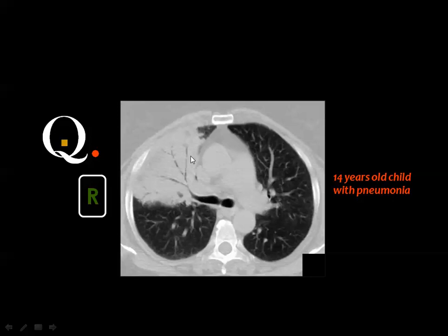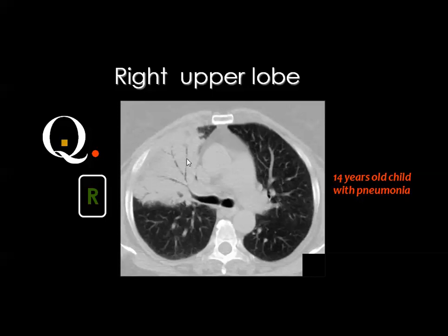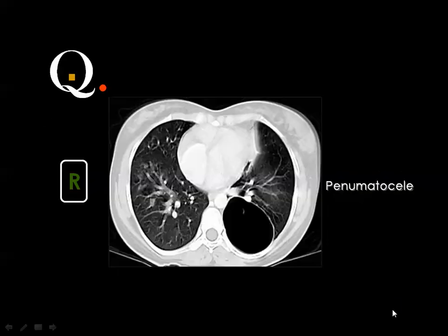And this is seen at the level of the tracheal bifurcation. Then you should draw a line like this, and you know that the upper lobe is anterior and the lower lobe is posterior. Then this consolidation is located in the right upper lobe. And this is a cavity, an air-containing cavity in the lung.